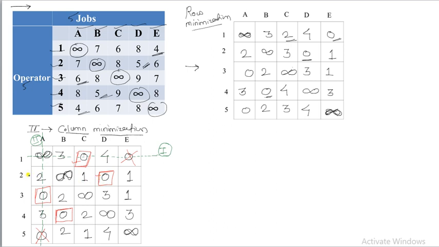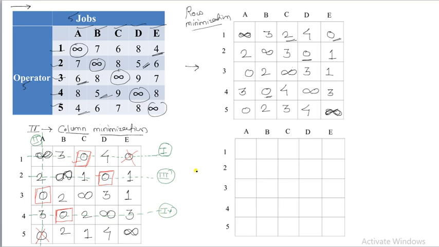We can do anything, so I will go with horizontal lines. So this is the third line, and one more line horizontally in the fourth row. This will be the fourth line. You can observe that the number of lines is 4, which is less than the order of the matrix. Let's go for the next step.